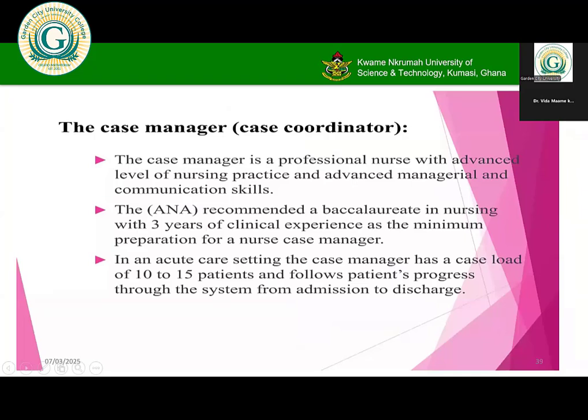So we also have the case manager, the case coordinator. Who will be the coordinator? The case manager is a professional nurse with an advanced level of nursing practice and advanced managerial and communication skills. Within case management, there's one person who is supposed to coordinate the management of clients' care. The ANA recommended a baccalaureate in nursing, a degree in nursing with 3 years of clinical experience.